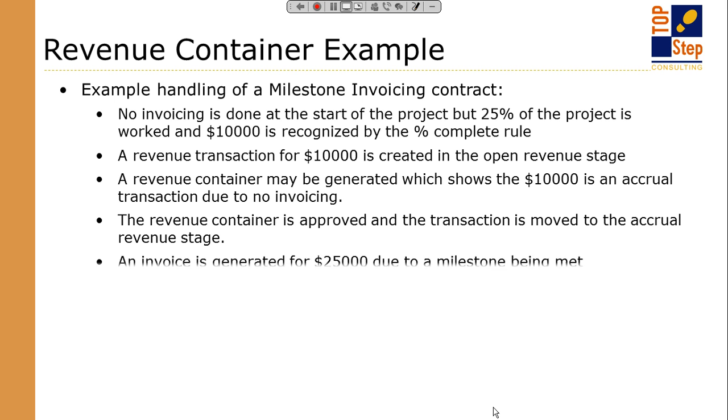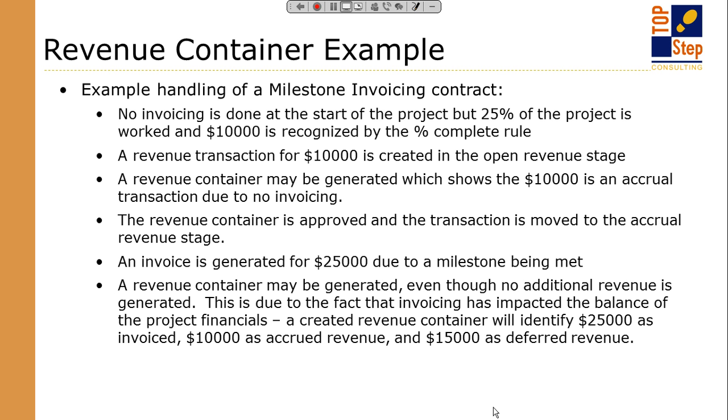Then invoicing is done, for $25,000. Once the invoicing is done, a revenue container is generated which takes the $25,000 and says, I've accrued $10,000 already, but the other $15,000 I have to defer. So it will create a balance sheet that shows the $10,000 accrual.